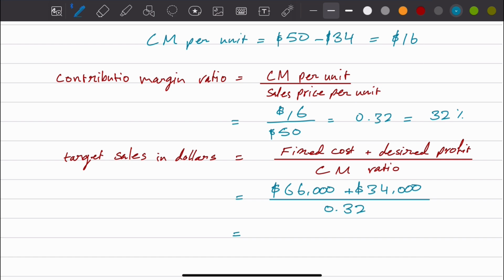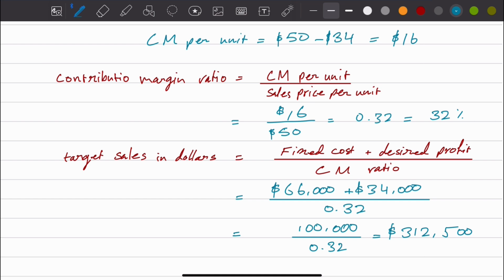Okay, 66,000 plus 34,000, that's $100,000 divided by 0.32. Go to the calculator again. 100,000 divided by 0.32, and that is going to be $312,500. Okay.